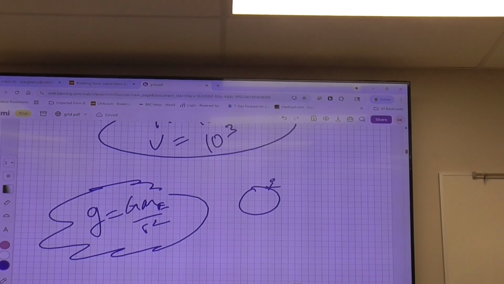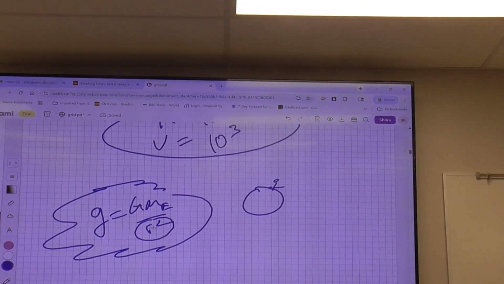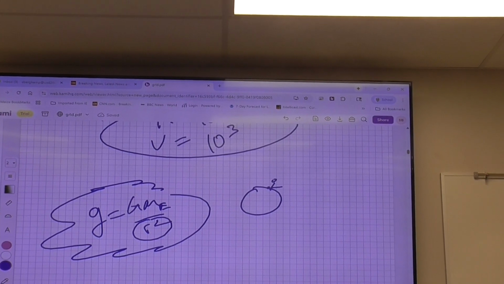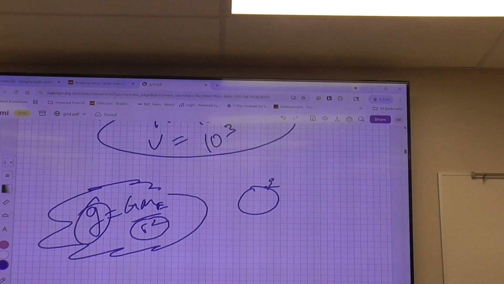So if you're the science officer on the spaceship Enterprise and you land on a planet and you happen to know the radius, because that's relatively easy to see, you can look at it from a distance and go, okay, here's an idea of what the radius is. And if you can figure out what little g is on that planet, you drop something, oh, what's the acceleration? You can figure out the mass of that planet, okay? So this equation gives you the mass of the planet, okay? Not the mass of the star that it's orbiting. This is the mass of the planet.